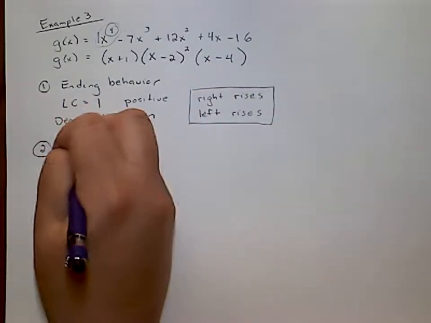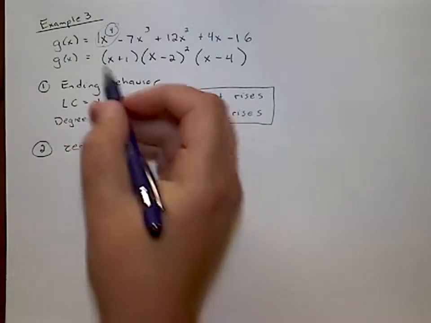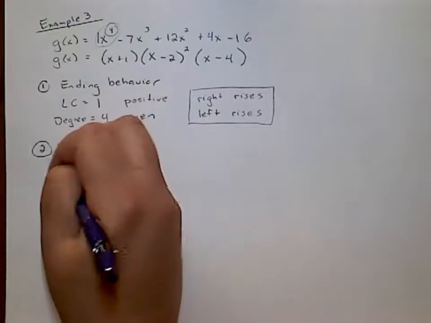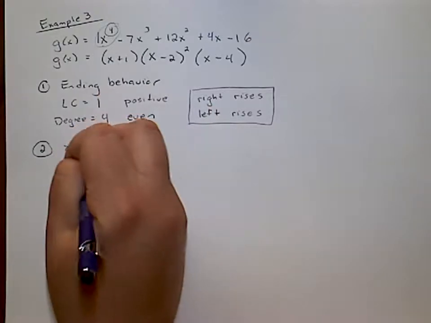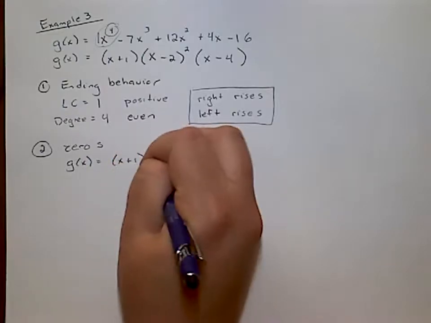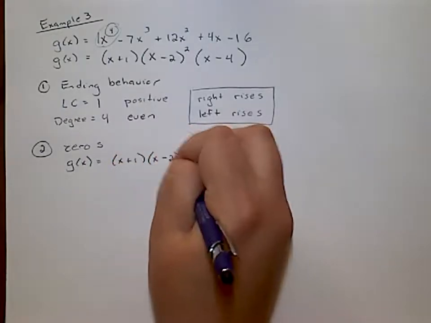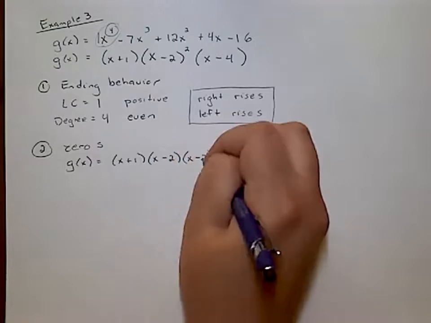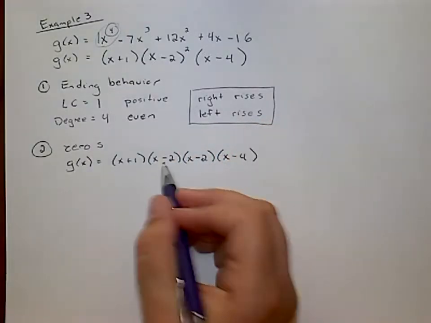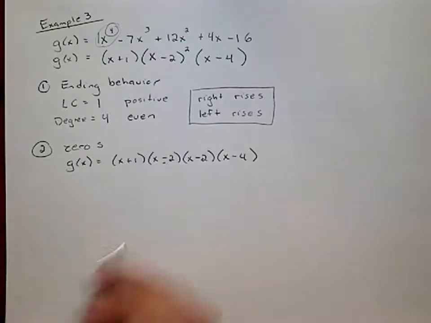Next, we are going to look at our zeros. For our zeros, we have to look at our factored form. So we have g of x equals x plus 1 times x minus 2 times x minus 2 times x minus 4. So I wrote the x minus 2 twice.